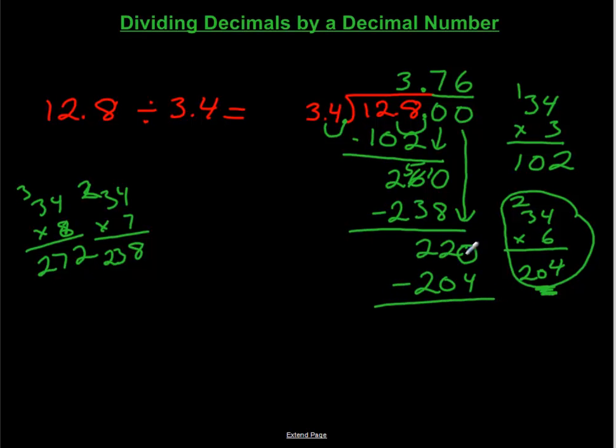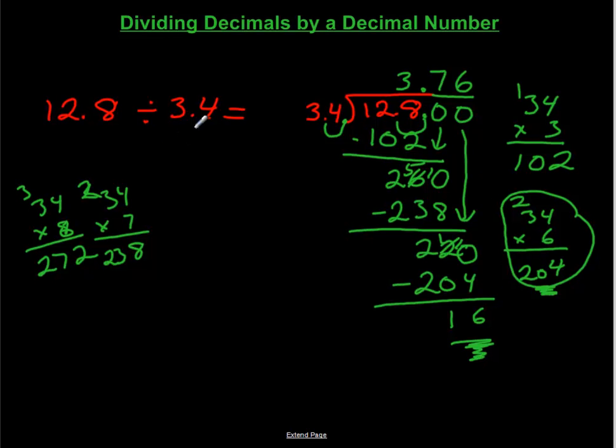If I do my subtraction, I have to borrow. 10 take away 4 is 6. 1 take away 0 is 1. So 16. If I wasn't dealing in decimals, this would be a remainder of 16. But I'm just going to ignore that.